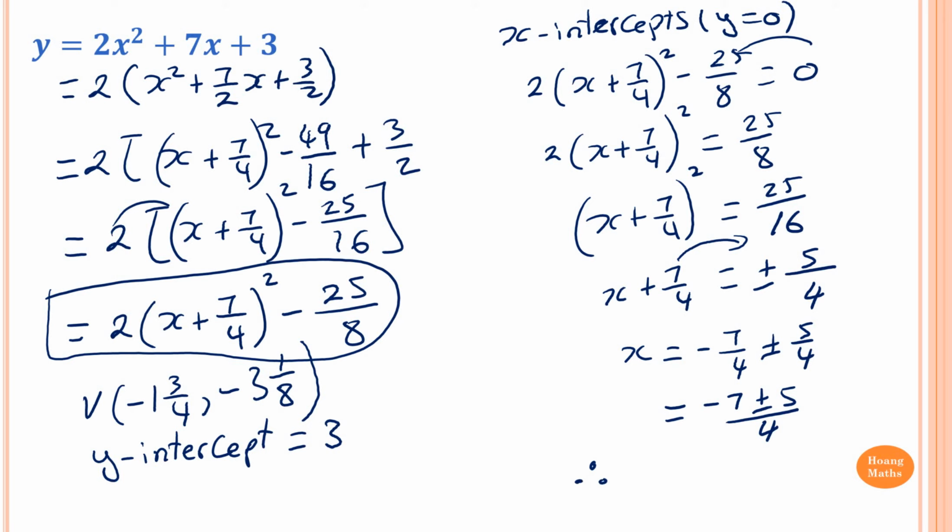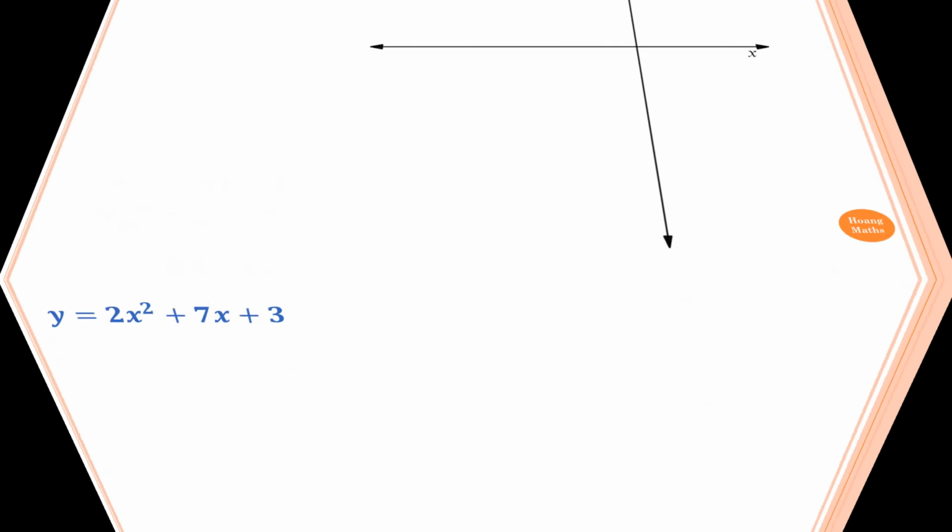So therefore x is equal to minus 7 minus 5, which is minus 12, so minus 12 over 4 is minus 3. Or minus 7 plus 5 is minus 2, so minus 2 over 4 is minus a half. That is the x-intercepts.